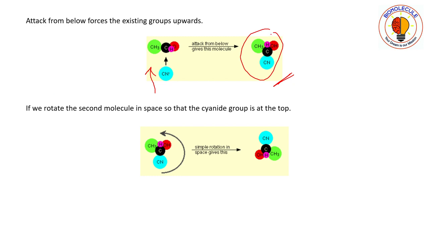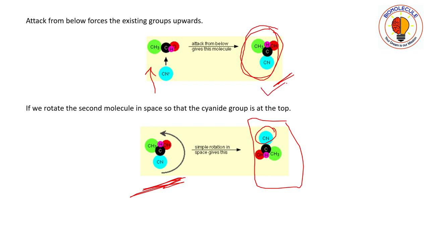Now we take this second molecule here. Cyanide is below the plane, and now we simply rotate it so that the cyanide group comes to the top position. So here we get this after rotation of the second attack, that is when cyanide ion attacks the carbonyl carbon from below the plane.